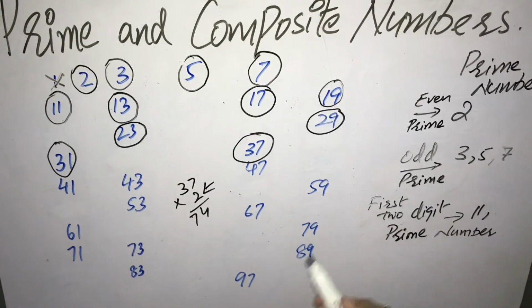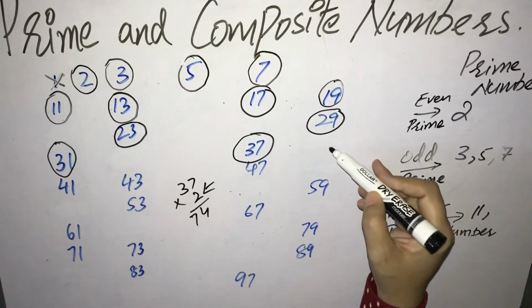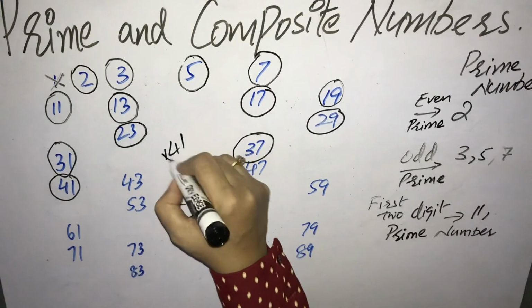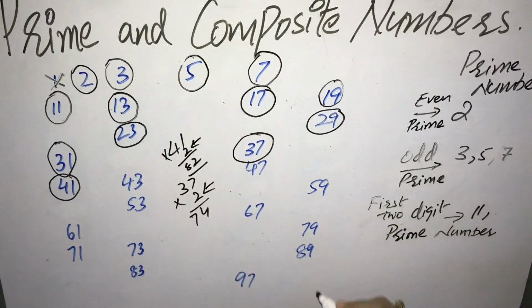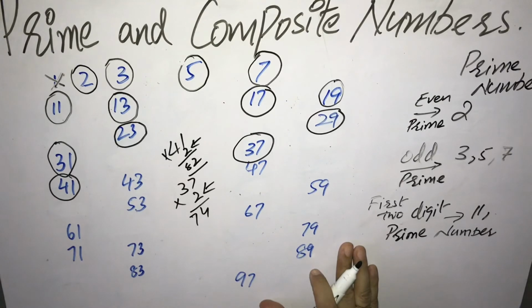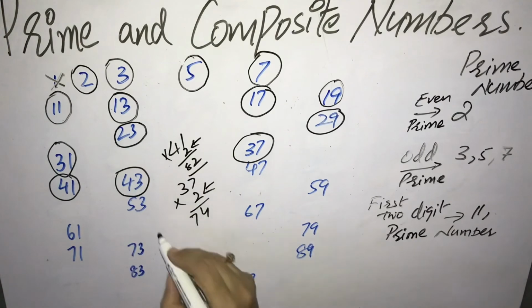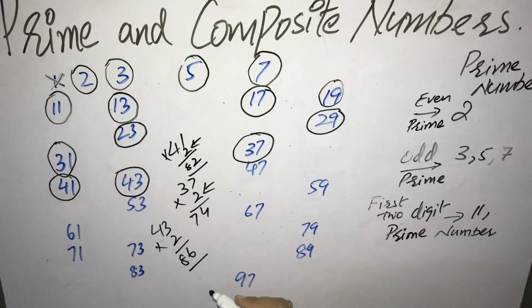After 37, 38 even. 39 already in the table of 3, 40 even. 41 is prime. 41 multiplied 2 is even, and it is not here yet. After 41, 42 is even. 43 is prime, yes, and 43 multiplied 2, 86, even. It's not here. 43 multiplied 3, not in the list till 100.